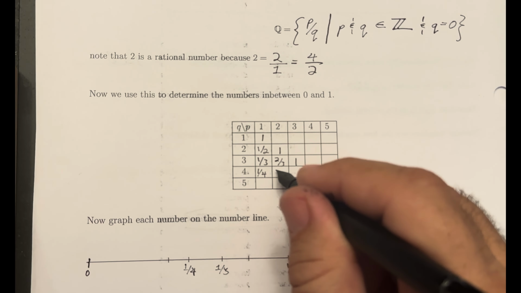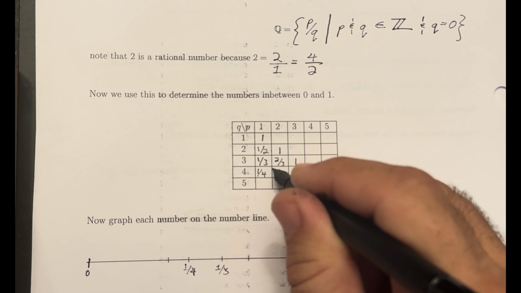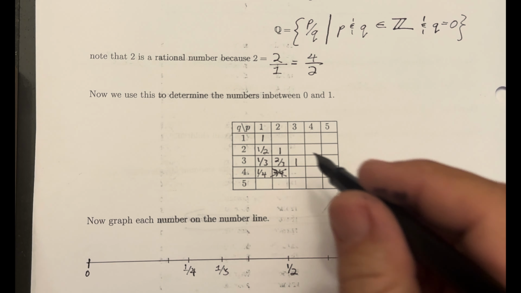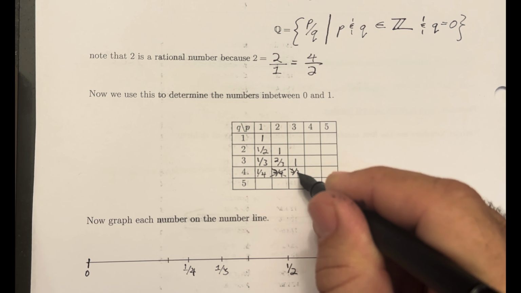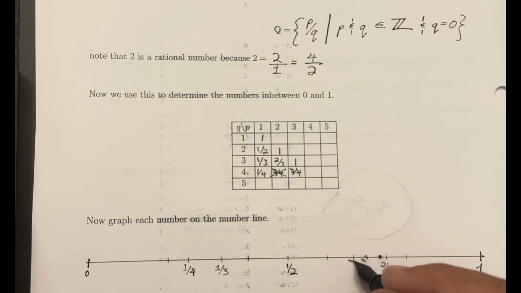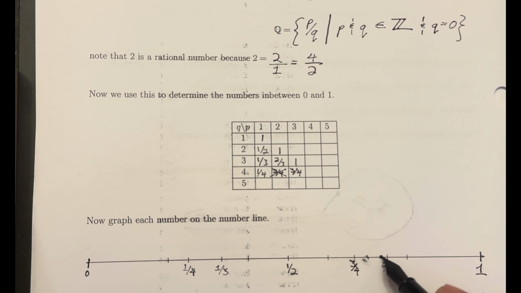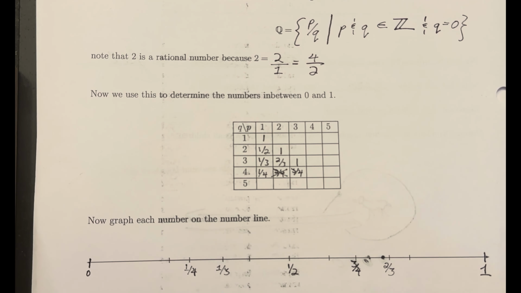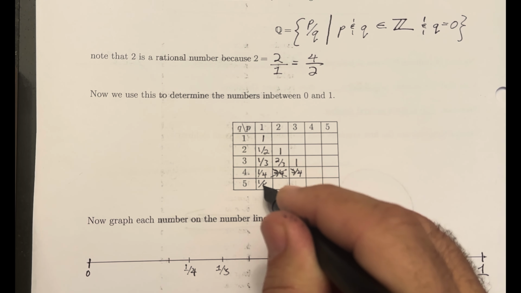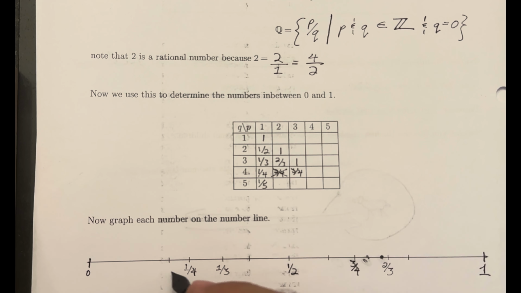And we go here, 2/4, which is the same as a half, right? That's a repeat. We don't need it. So we go to 3/4, 0.75, and 3/4 exists right here. Okay. And 2/3 is right here. This dot here is just a smudge from the other side. Next, we go to 1/5. 1/5, that's 0.2. 1/5, that exists right here.